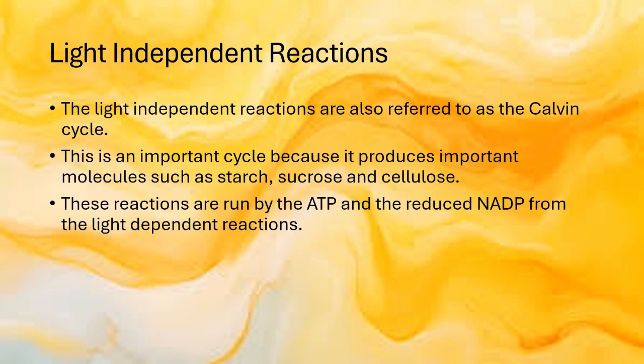So, light-independent reactions. The reaction is referred to as the Calvin cycle, which is something you might have heard before. This is an important cycle because it produces important molecules such as starch, sucrose, and cellulose. These reactions are run by the ATP and the reduced NADP from the light-dependent reactions.